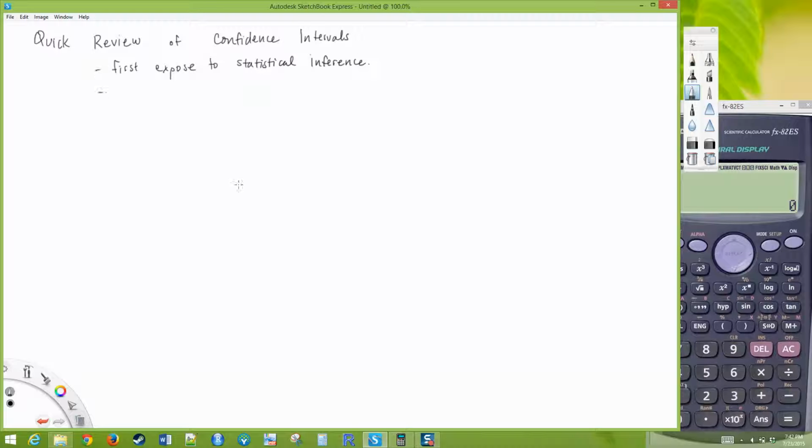What are we trying to do with a confidence interval? What is the point?